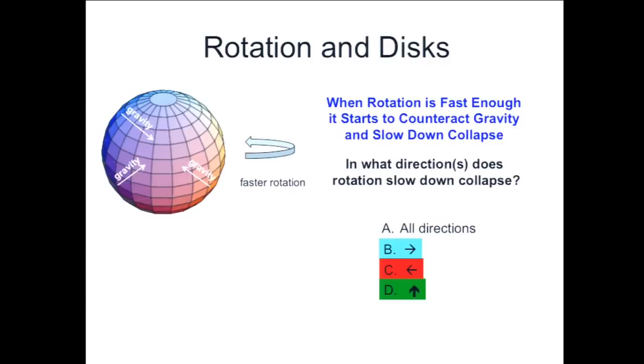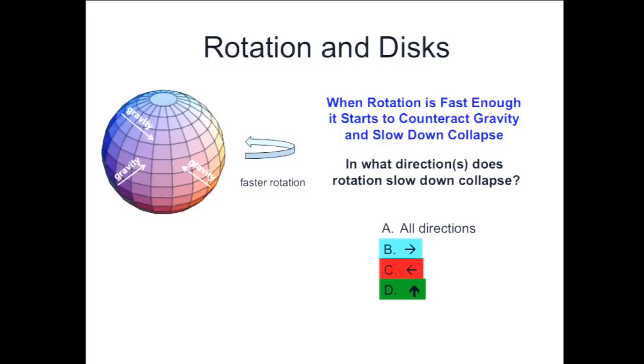And so if I think about that as rotation stopping the collapse, just like the Earth doesn't fall into the sun, it just rotates around the sun, the question is, in what direction does rotation actually stop the gravitational pull from causing things to collapse? Is it in all directions in this sphere, or is it only in certain special directions?